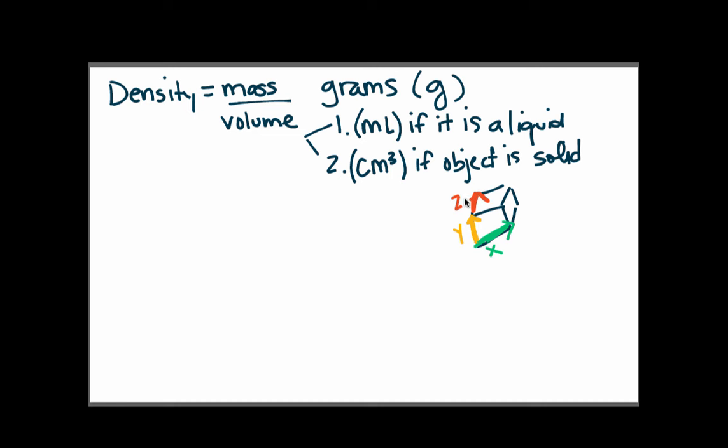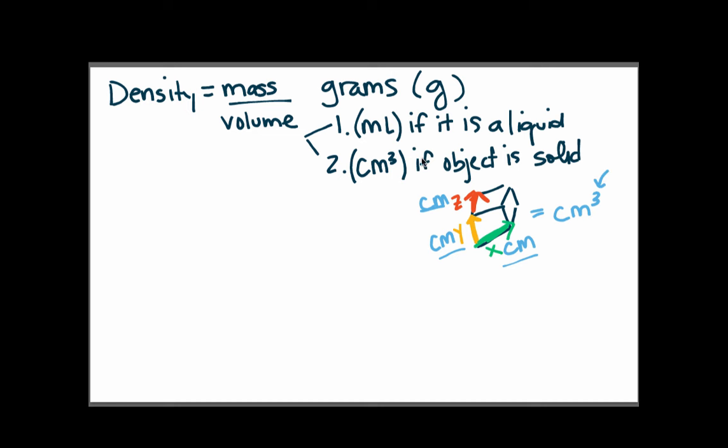And we can call this dimension z. So we have the x, y, and z dimensions. Each side is going to be measured in centimeters. So for z you have centimeters, y you have centimeters, x you have centimeters. So you have centimeters times centimeters times centimeters equals centimeters cubed, because you're measuring 3 sides. So that's where the cube comes from.